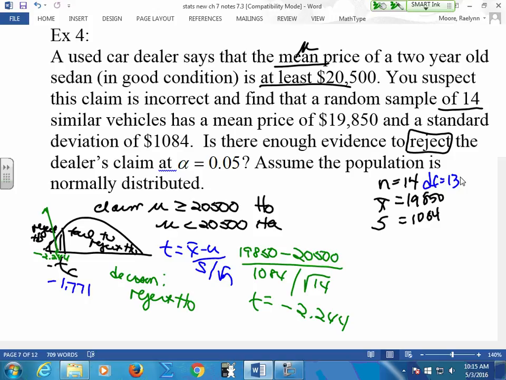So if I'm rejecting the H0, do I agree with his claim? No. So I go to my chart, and when my claim is H0 and I reject H0, I use these words: there is enough evidence, or sufficient evidence, at a level of significance of 0.05 to reject the car dealer's claim that the cost of a two-year-old sedan is at least $20,500.